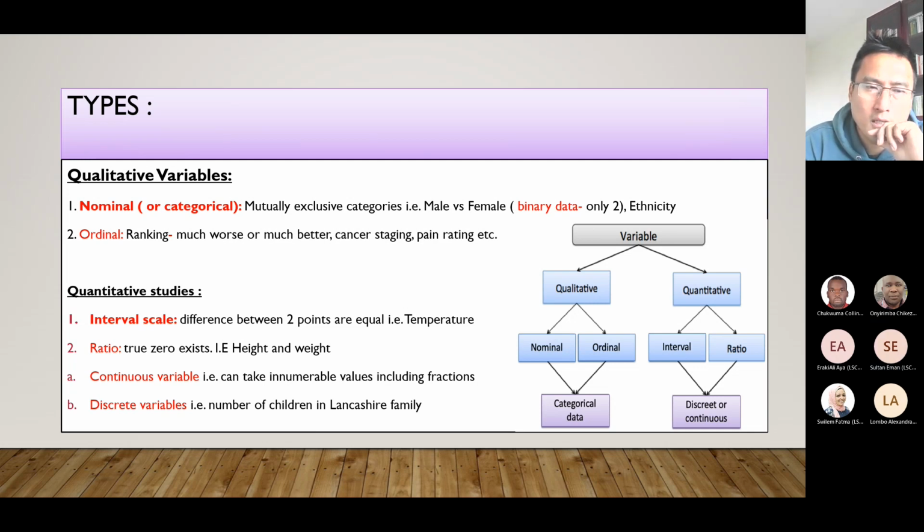Most of the time height and weight can be fractions, but the height can also be 78 or 68 without any fraction. It's not necessary. If it is a fraction, it falls in a continuous variable. If it just takes a number without a fraction, it becomes a discrete variable. Is this clear now?